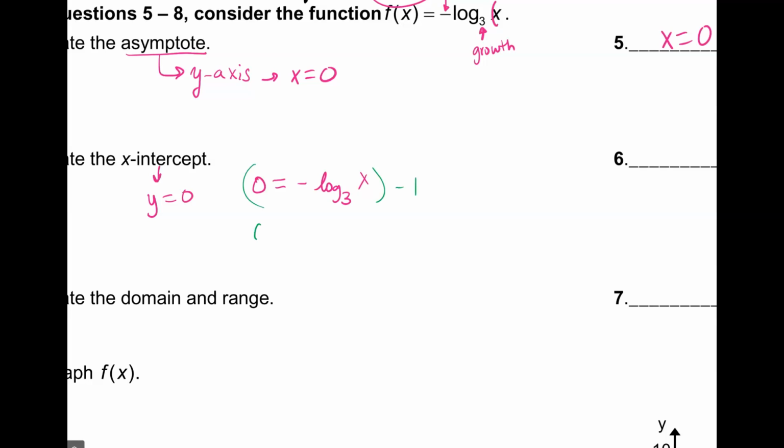Literally it's just going to be 0 equals log base 3 of x. And then I think I heard some people say, right, little swirly swirl, curly Q. All right, we're going to solve for what x would be. So this is 3 to the 0 is equal to x. What's 3 to the 0? Yeah, so x equals 1. So I have 1, 0 as my x-intercept. Intercepts are points, so it needs x, y coordinates.